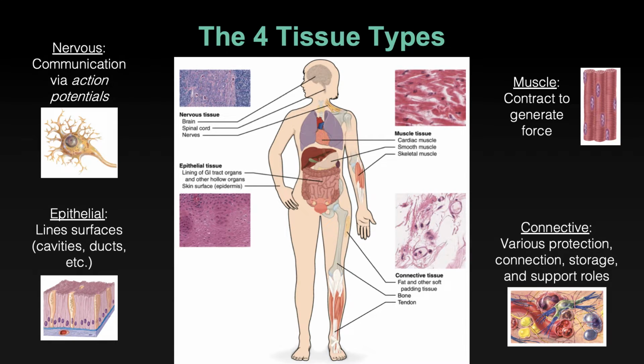And lastly, nervous tissue, it's the information superhighway of the body. Nervous tissue is also excitable. It can turn on or off. It can relay signals, often to muscle, via what are called action potentials.